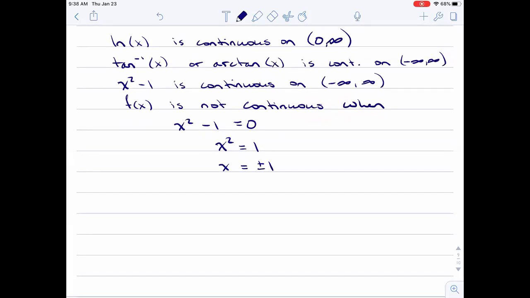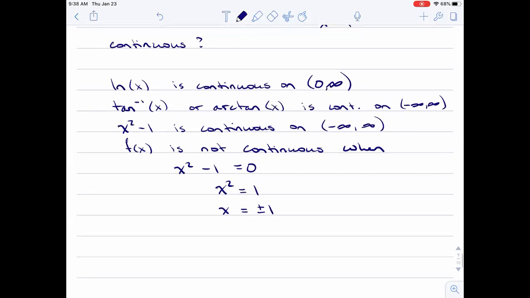The minus 1 isn't actually going to be a problem because now we need to overlap all of these restrictions. From 0 to infinity, so already we're only looking between 0 and infinity. So for the next one, 0 to infinity, 0 to infinity, those are all the same.